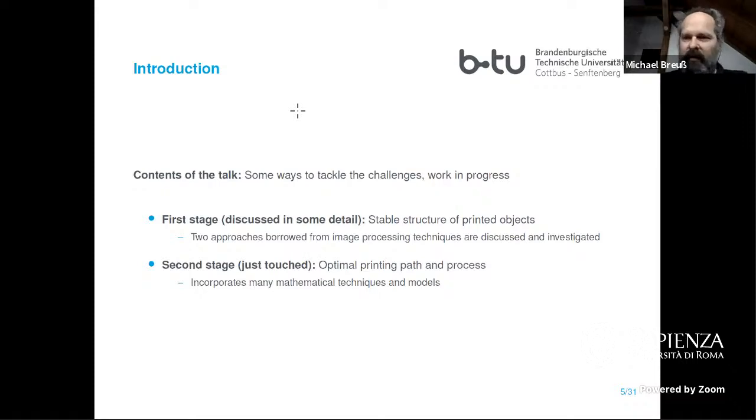And the second stage, which can always be built on top of the first, is how to compute an optimal printing path and how you can optimize the process of printing. Because the process is very important for the quality of the material. So this incorporates many mathematical techniques and models. Originally I wanted to build a bit more on this and what we had, but I abandoned it a bit. But I will also try to introduce the main ideas that we already really used.